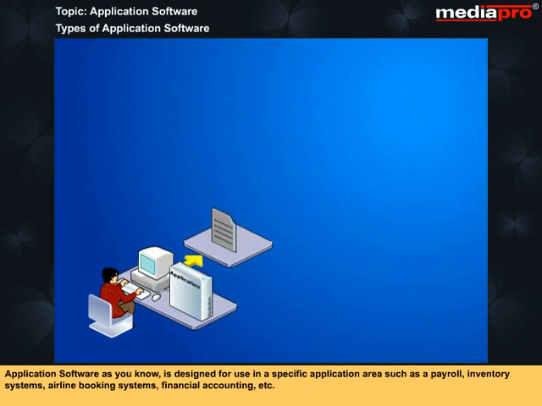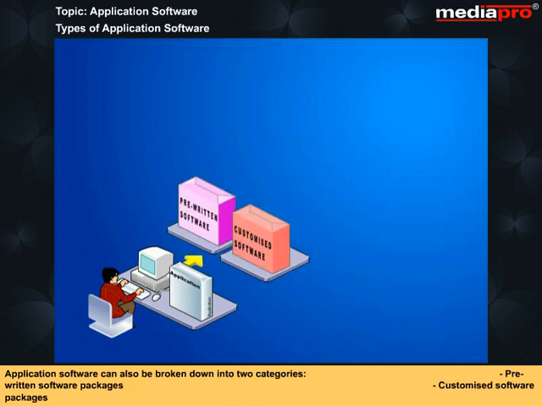Application software, as you know, is designed for use in a specific application area such as the payroll, inventory systems, airline booking systems, financial accounting, etc. Application software can also be broken down into two categories: pre-written software packages and customized software packages.